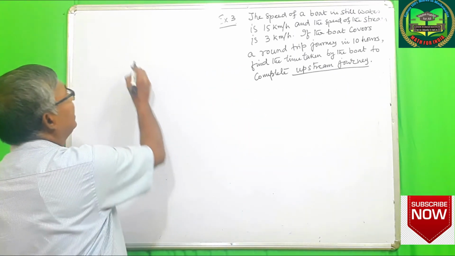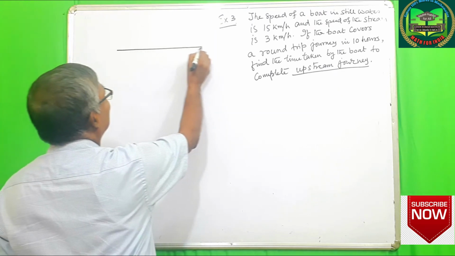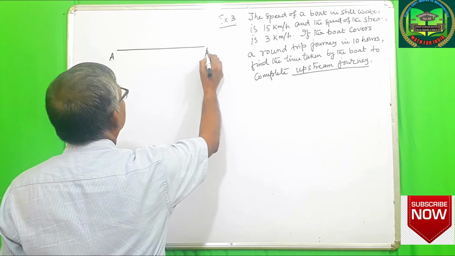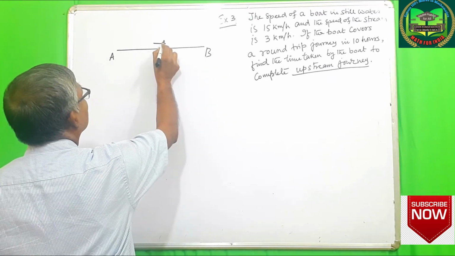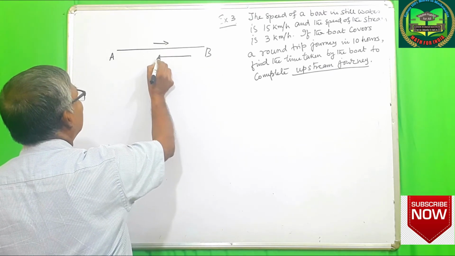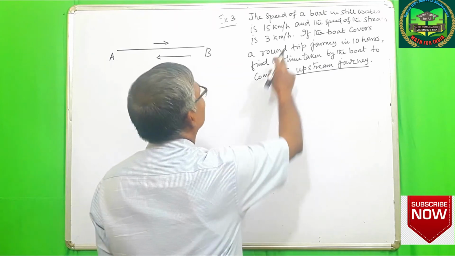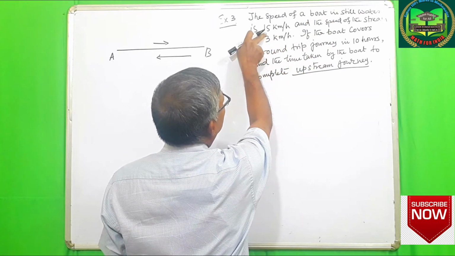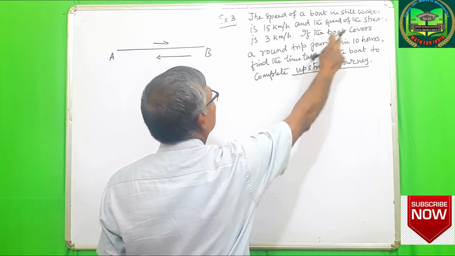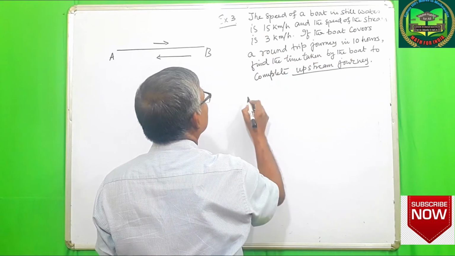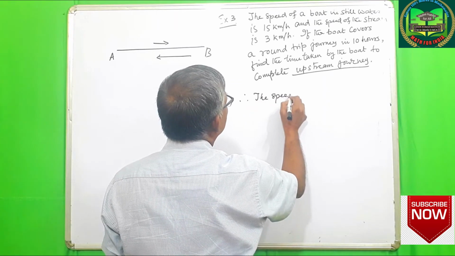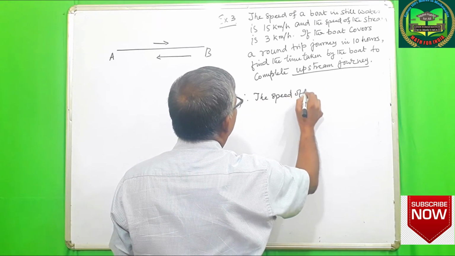Students, let the boat cover a round trip from A to B and B to A. Here given the speed of the boat in still water equal to 15 km and the speed of the stream is 3 km.